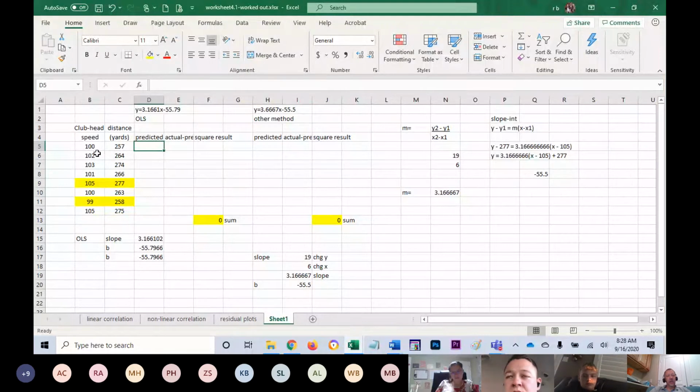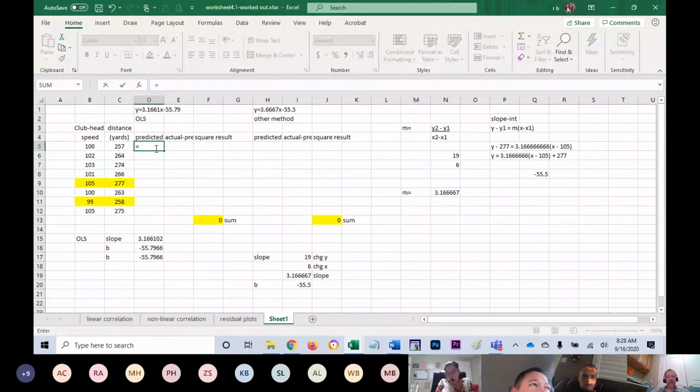Okay, so remember, the ordinary least squares regression method can be used for prediction. If I hit it 100 miles an hour, it went 257 yards. What would my ordinary least squares predict I would have gone? Can you tell me how to do that?